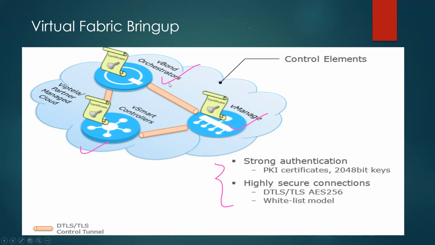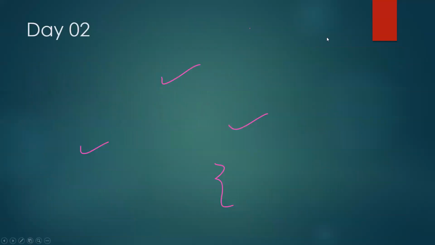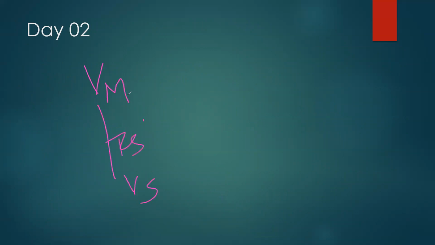Now, one interview question here is what type of tunnels these controllers form. We have three different types of controllers. We have vManage, which can form TLS, transport layer security, or DTLS, datagram transport layer security.